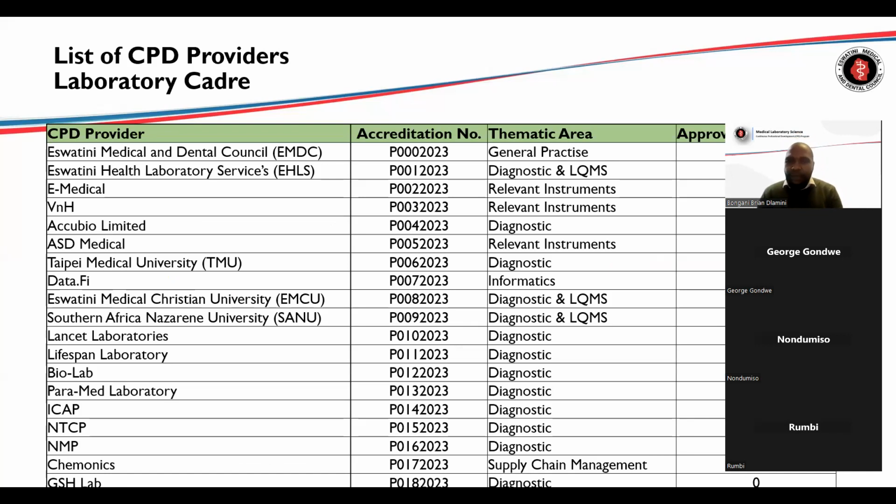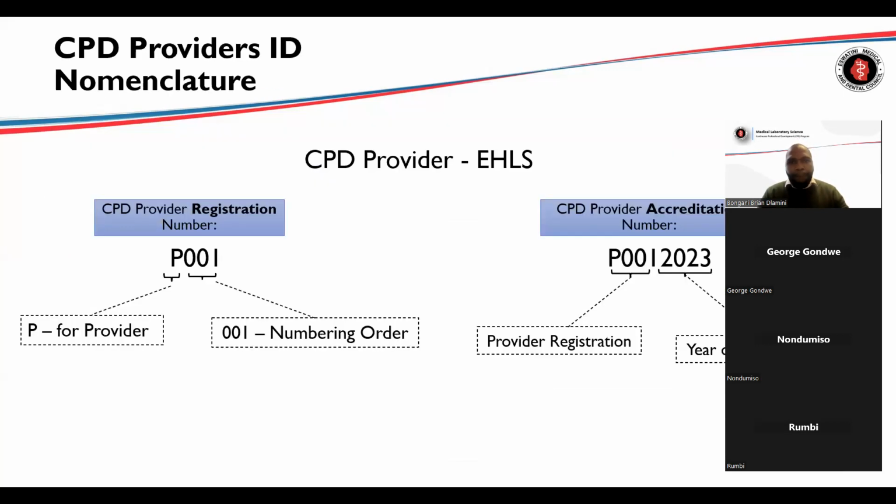Then it has a year in between to show when they are accredited and how long their license will last. We also categorize them as per their thematic areas, to know if a certain institution, organization, or laboratory focuses on LQMS, diagnostics, or instrumentation. But I'll also explain the acronym and how it was created and what it means.